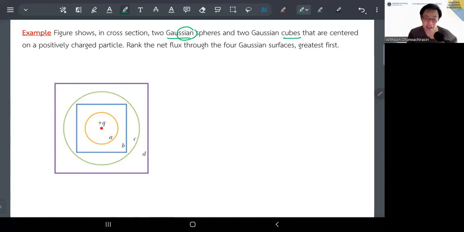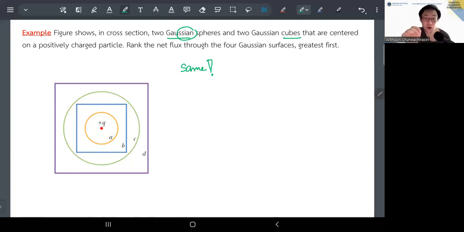Okay, so the answer is, they're all the same. Why? Because these four surfaces wrap this positive charge Q inside.